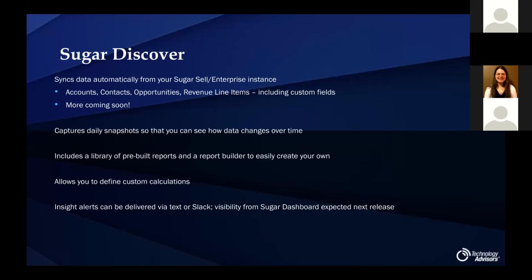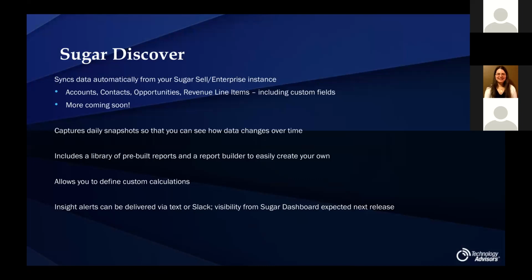Just a little bit under the hood here, Sugar Discover syncs data automatically from your Sugar Cell instance or enterprise instance. And that includes accounts, contacts, opportunities, revenue line items, including their custom fields. We'll see on the roadmap that more entities are coming soon, custom entities, cases, things like that. Right now we're capturing a daily snapshot so you can see how your data is changing over time.